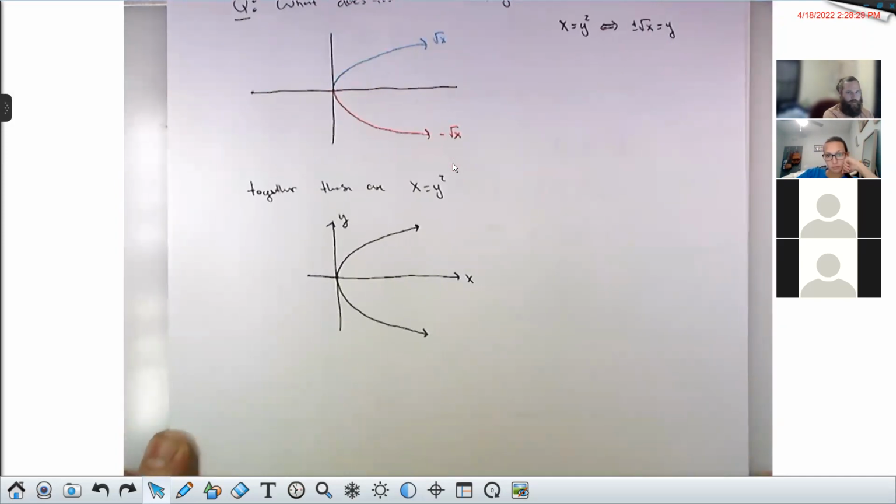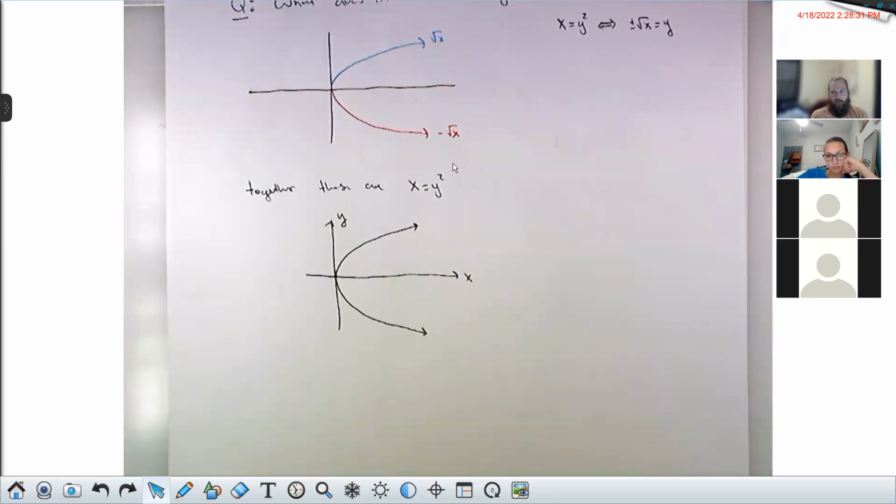The reason I'm showing you this is because sometimes problems relating to areas between curves are best thought of with respect to the variable y rather than with respect to the variable x.